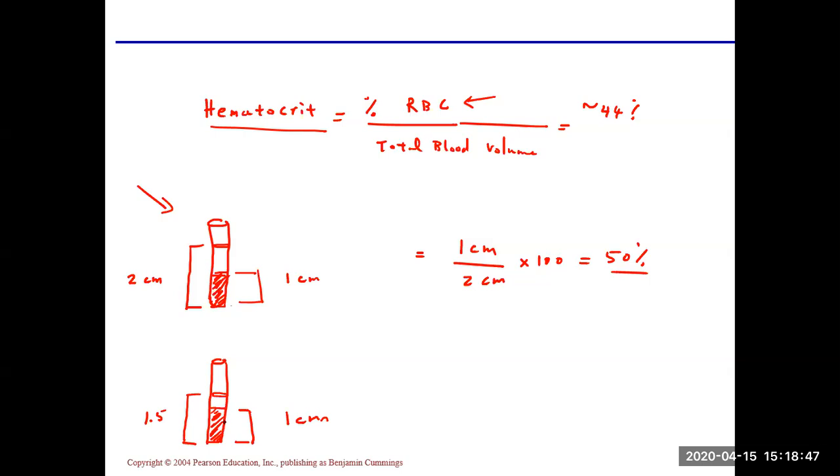Take a look at it. No longer do they have 45% or 50% in our case. They have more. Take a look. This is a higher percentage. If the whole thing is 100%, you would have to put it in the calculator to figure it out, but it looks like it's way above 50%.